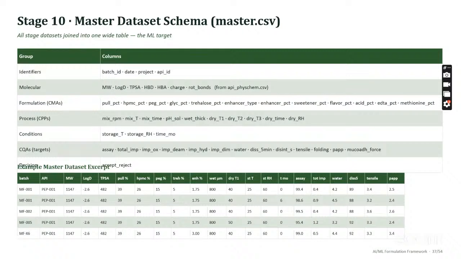So all these stages join in one wide table: the molecular descriptors, formulation attributes, process parameters, storage conditions, and the quality attributes that are the prediction target. This single table is what the master pipeline learns from. This is the data you generate, and you feed the ML system.